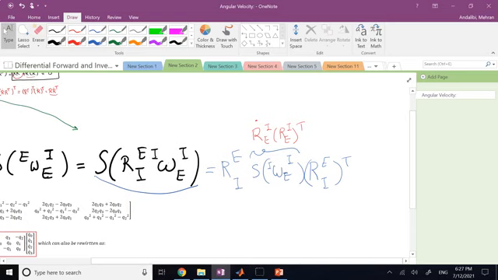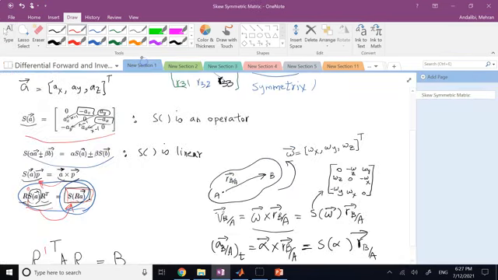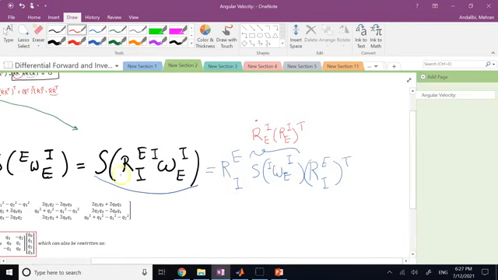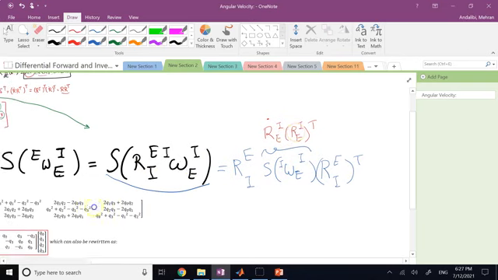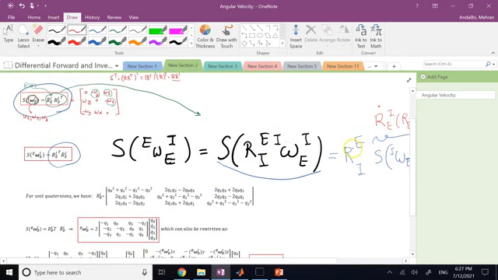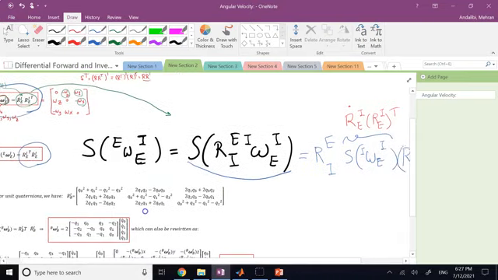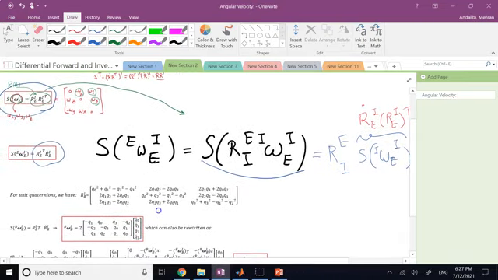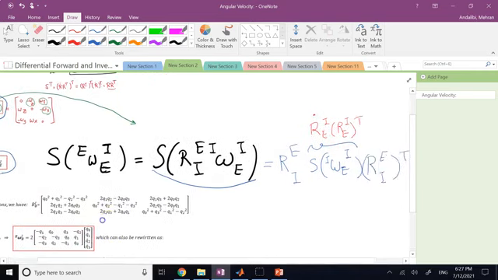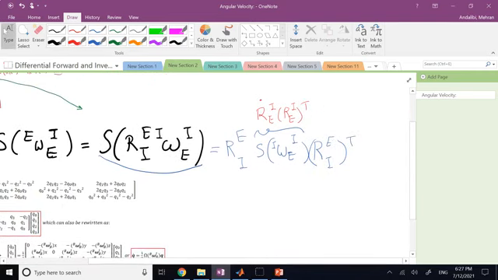Yeah, that is right. Good. Okay. R S of A R transpose. Good. And for that, I used the exact same thing, R of E with respect to I transpose R dot. Everything is right. Good. So now, if you expand this, what would you get?